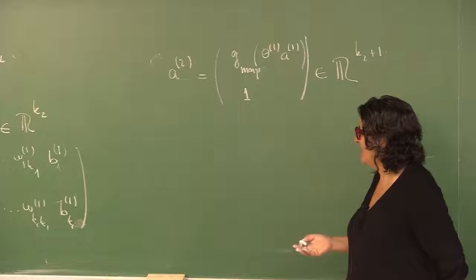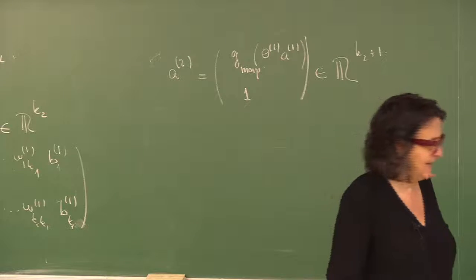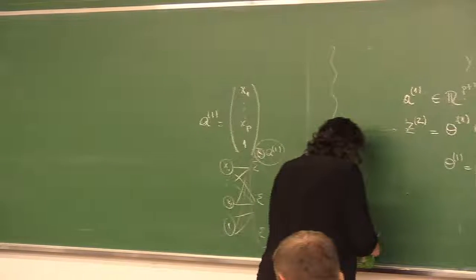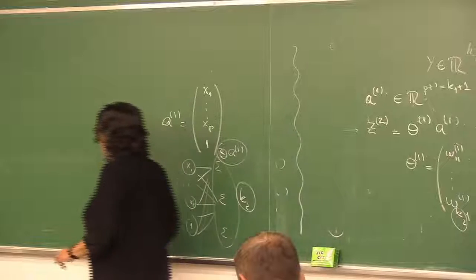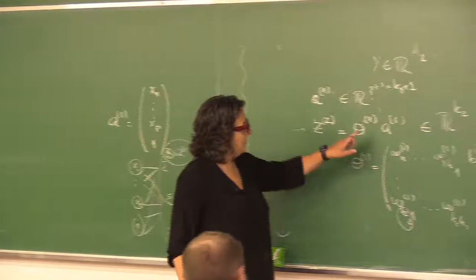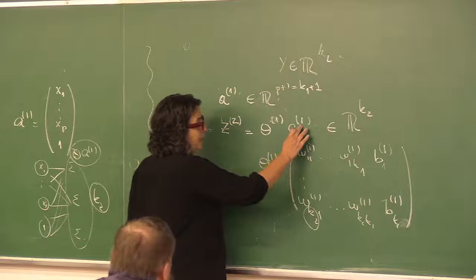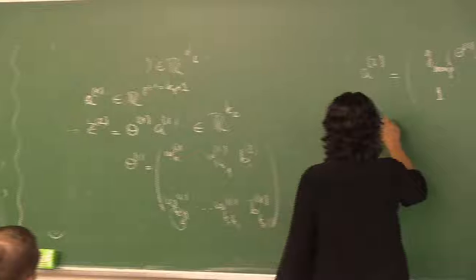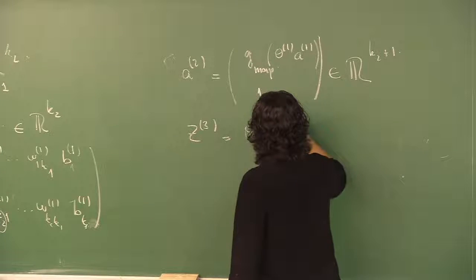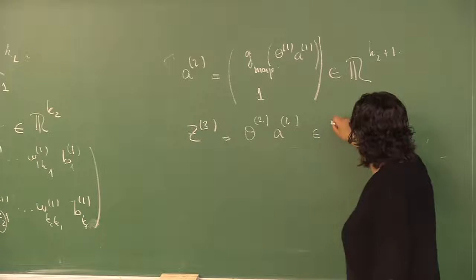Well, what is Z3 now? Now I have to do linear combinations again. Now I want to take linear combinations of A2. Therefore, let me write here, C3 is going to be another theta, A2, where this is going to have a different number of linear combinations.